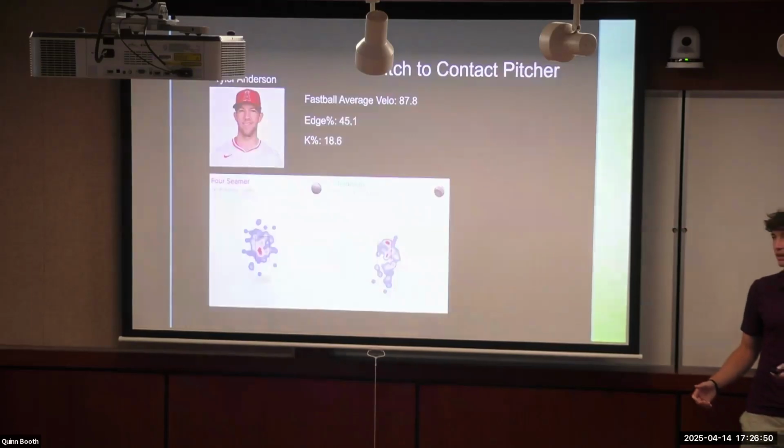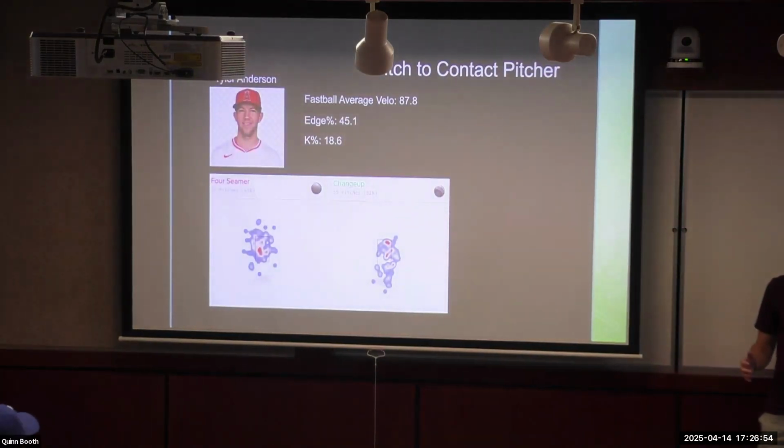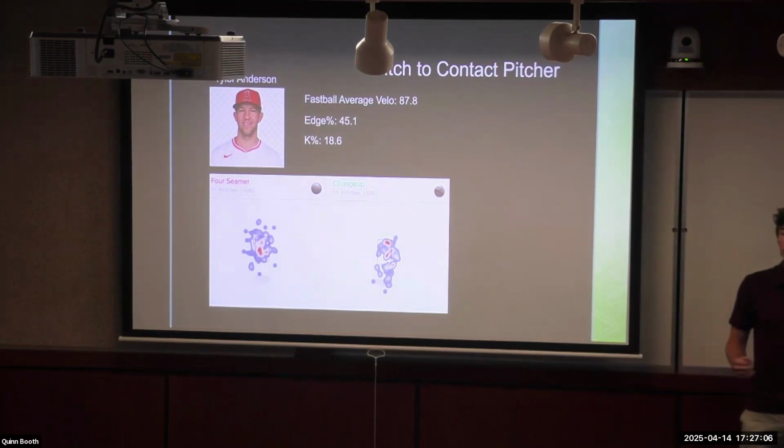In comparison, a guy like Tyler Anderson, who had a similar ERA last season to Hunter Greene, only threw his average fastball at 87.8, which I think is the lowest among qualified starters last season. His edge percentage is a lot higher at 45.1. His strikeout rate is incredibly low though. And on his spray chart, you can see that he's much more around the strike zone.